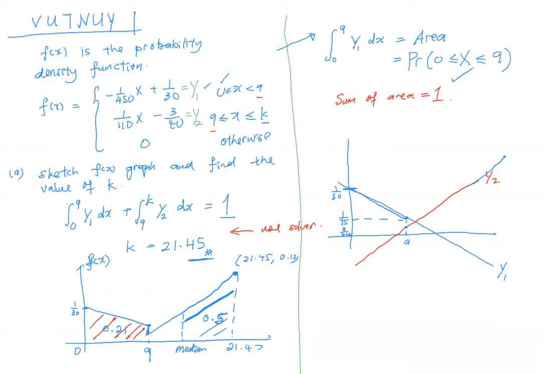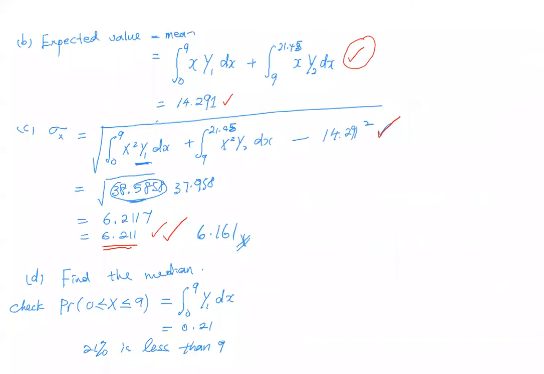So that means after I check already, then I write integrate. M is the median, okay? From M to 21.45, Y2 dx must give me 0.5. And this one, I use solver again.